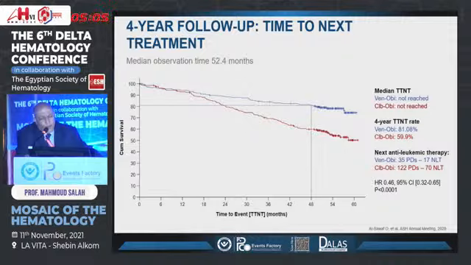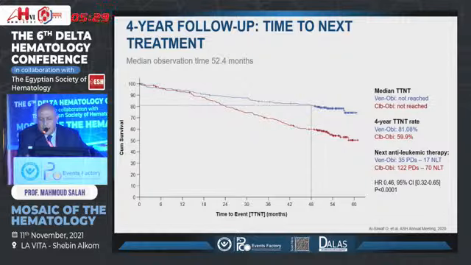Also, the 4-year follow-up time to next treatment, the median time to next treatment with venetoclax and obinutuzumab was not reached, while also in the chlorambucil obinutuzumab was not reached, and 4 years time to next treatment rate was 81% in the venetoclax obinutuzumab versus 59% in the chlorambucil and obinutuzumab.